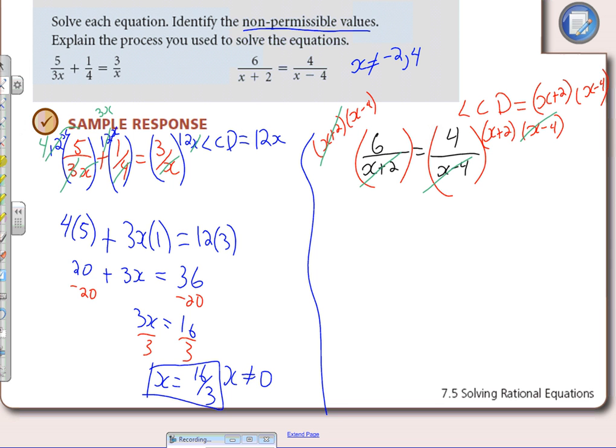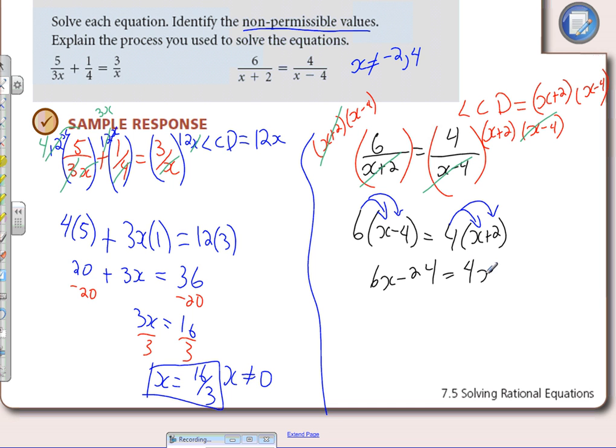Leaves us with 6 times x minus 4 equals 4 times x plus 2. Now it's just distribute in. And solve for the x. So we've got 6x minus 24 is equal to 4x plus 8.